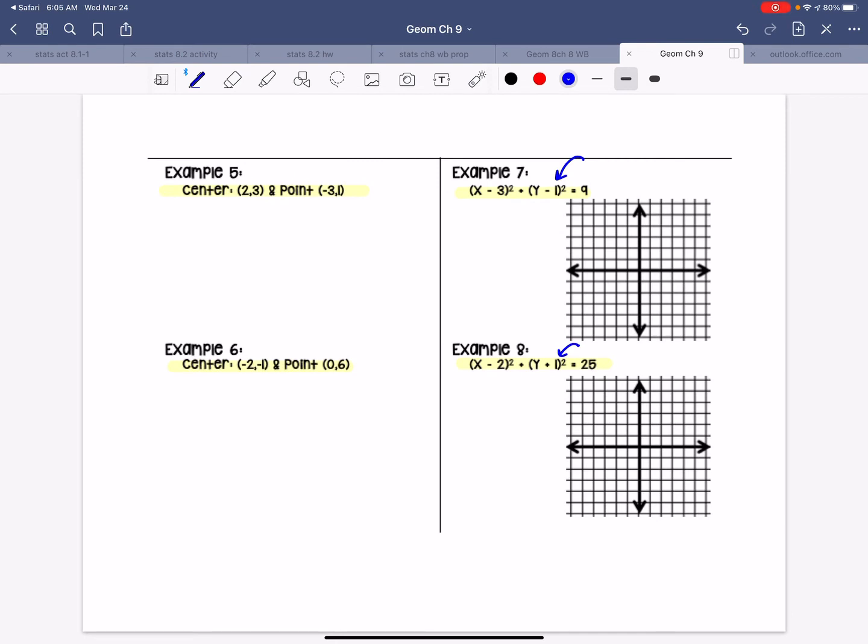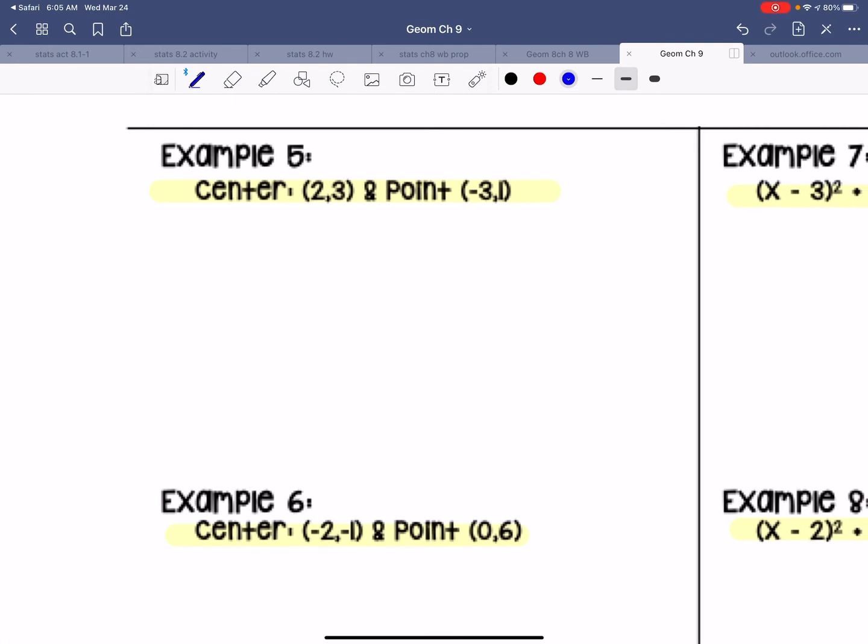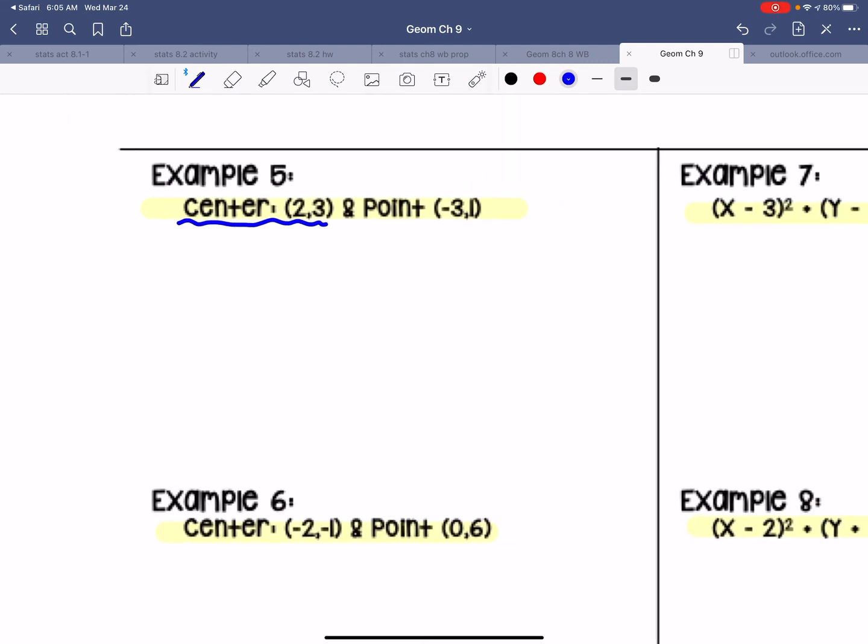Okay, welcome back. Let's see. The center tells us the left side of the equation, so we don't have a problem coming up with that part, right? Our center is at positive 2, so I'm going to write minus 2, and positive 3. But then we still don't know our radius, right? And that's where this comes in.